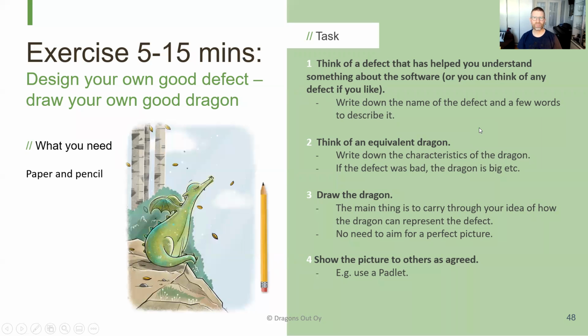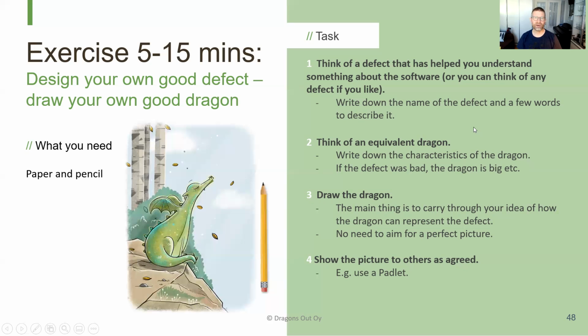And then again, transfer that into a dragon. Think about what kind of dragon would be a good dragon. How could it help people? Again, the size equals the size of the defect and so on. So it could be any kind of dragon. And again, draw a dragon, try to transfer this idea of these good characteristics into a dragon.